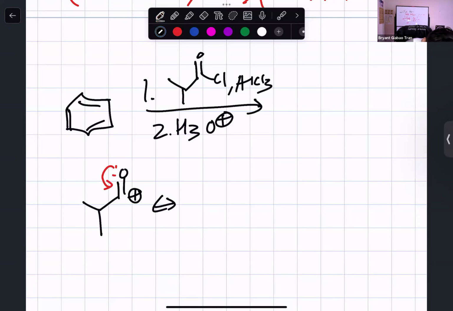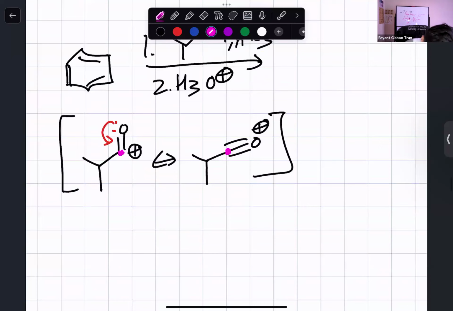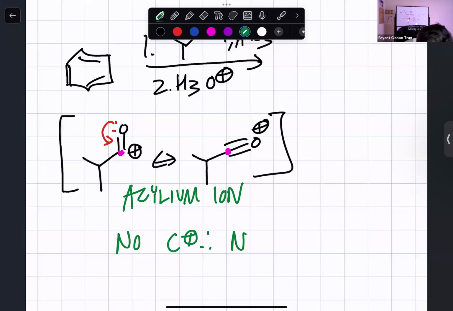This could show up on the vocab, like what is the intermediate of Friedel-Crafts acylation, right? What is the electrophile? That is called an acylium ion, right? This acylium ion here, there's no carbocation, therefore there's no carbocation rearrangement. We don't have to worry about that. We don't have to worry about a hydride shift or methyl shift, right?